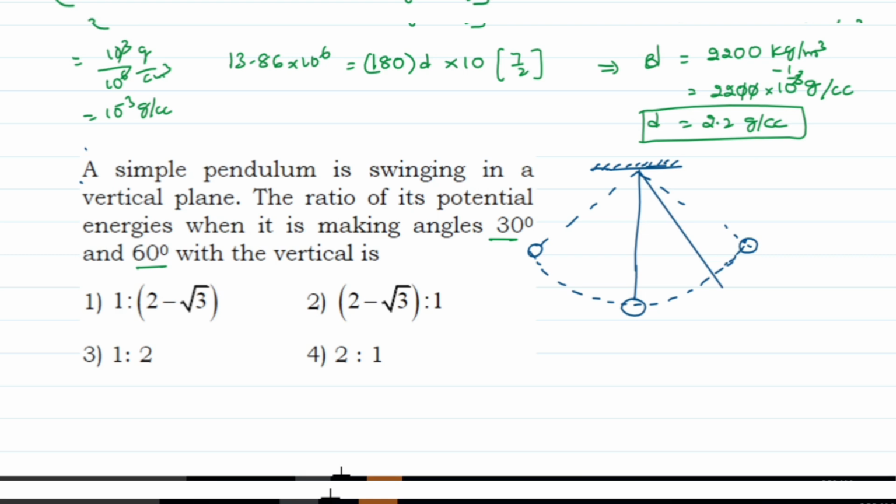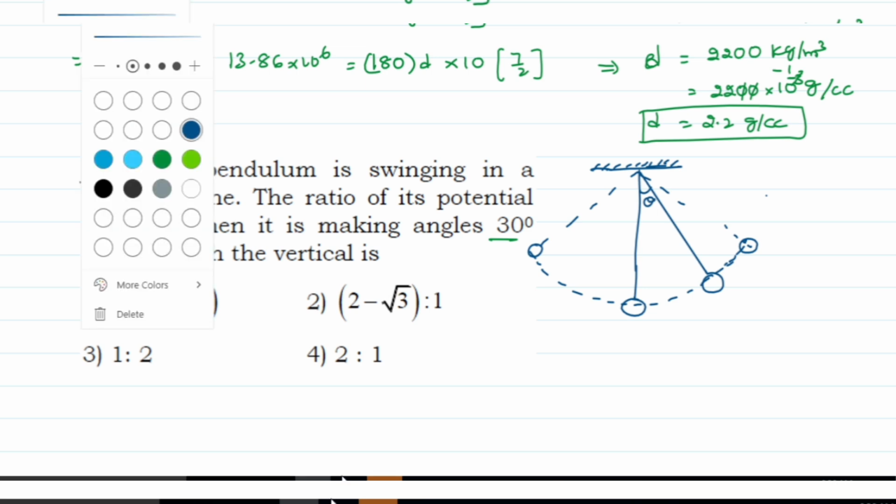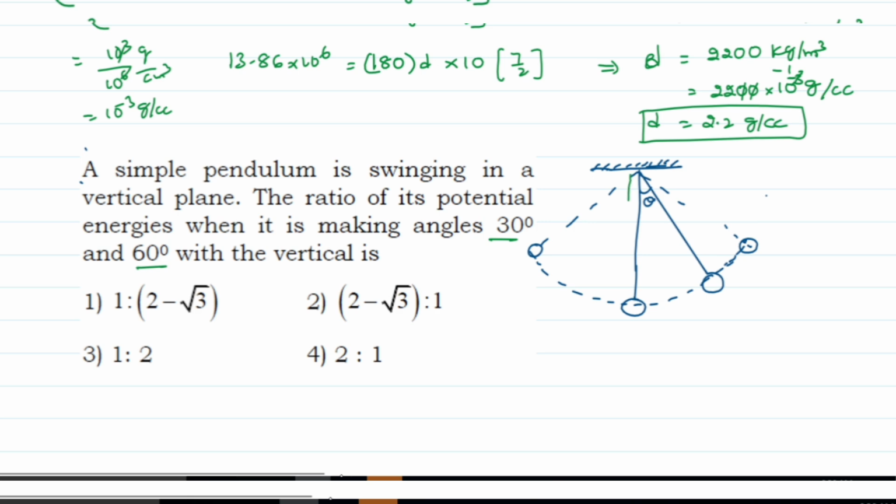If the simple pendulum is at this position, at a particular angle, which is making an angle theta, this is the length of the pendulum, L is the length of the pendulum from the point of suspension to the center of the bob. Though it is swinging, the length is not going to change, the length remains the same, at a particular angle.